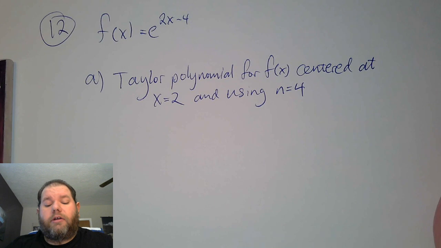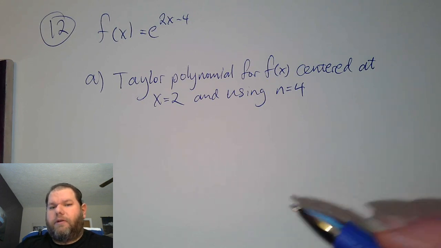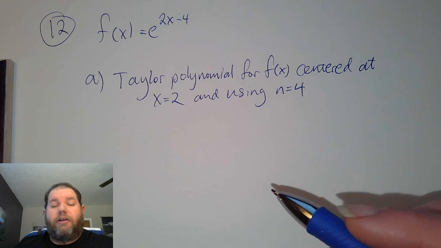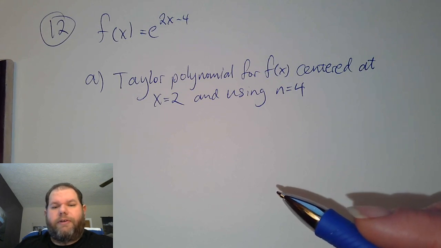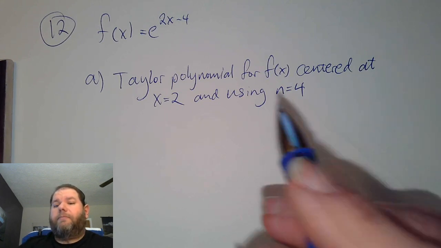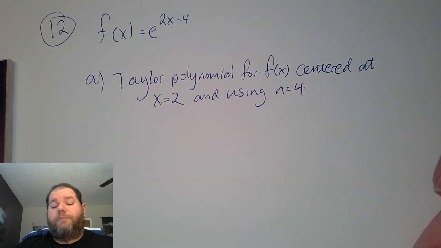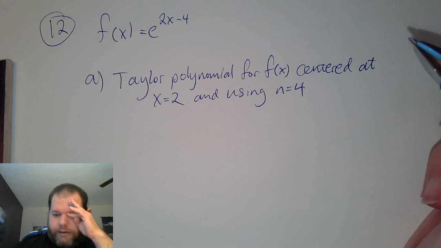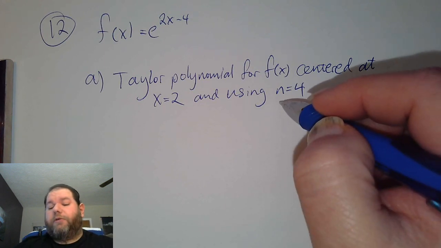Now, you have the formula for this back on the formula sheet for this section, or this test, or review, whatever it is we're doing now. And I'll be sure to include the same on the exam. What we do for a polynomial, notice that we want n equals 4.